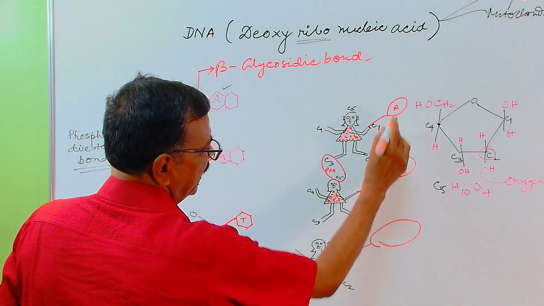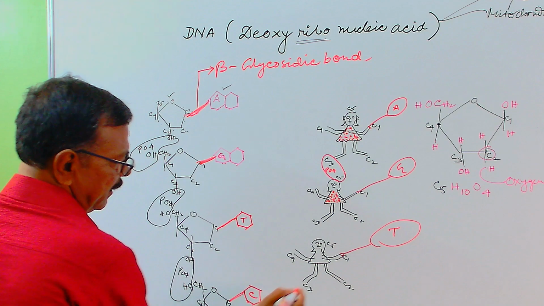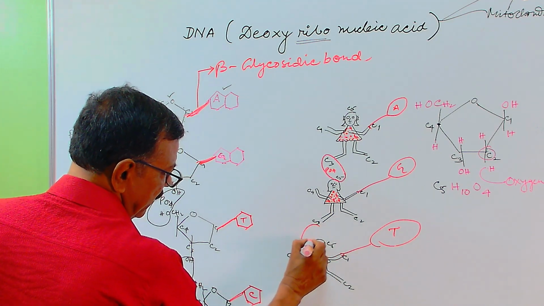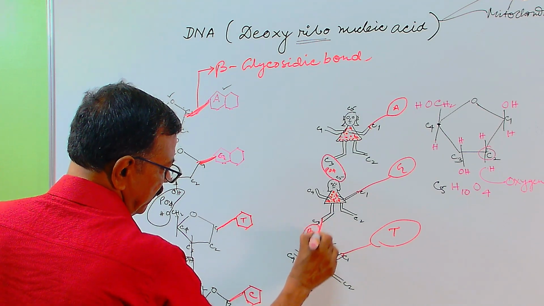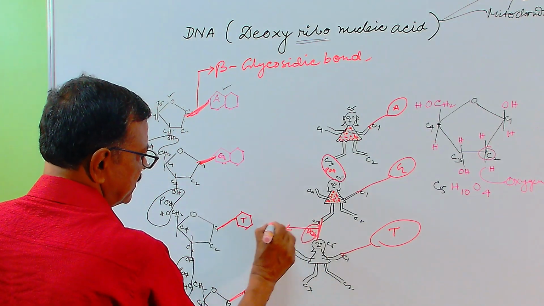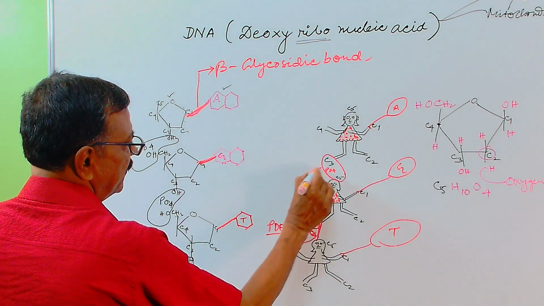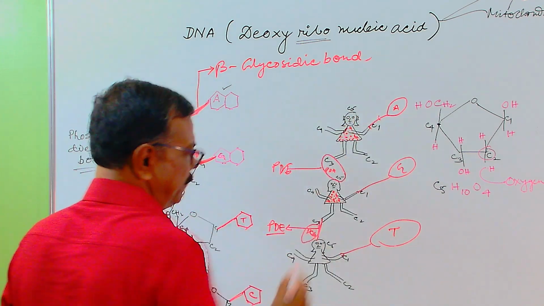These two are purines, adenine, guanine, then thymine, and likewise cytosine also. And here also C3 and this C5, the PO4 will hold a bond. This bond will be known as a phosphodiester bond. This is a phosphodiester bond and this is a glycosidic bond.